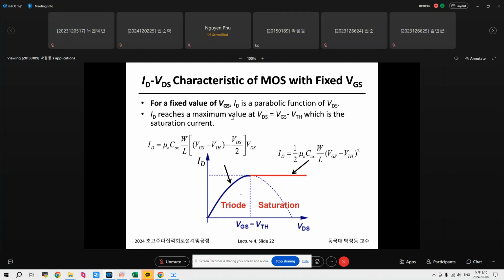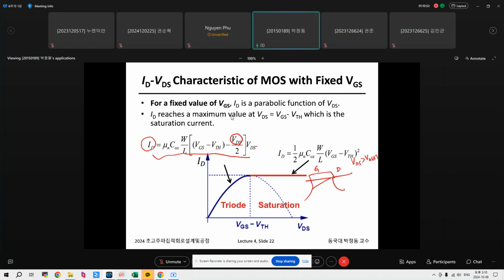So in triode, this ID is a function of VDS. This is important. Okay. However, in saturation, there is no channel between gate and drain. If the applied voltage VDS is higher than VDsat, what happens?